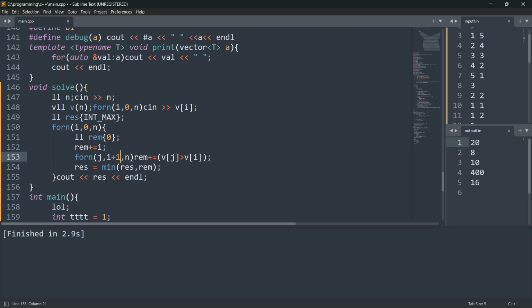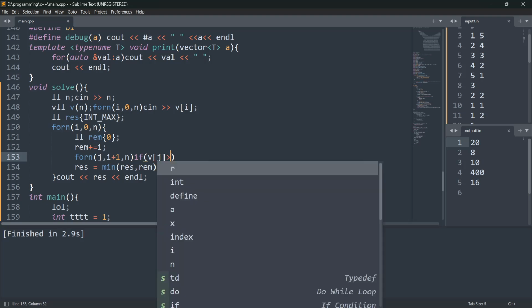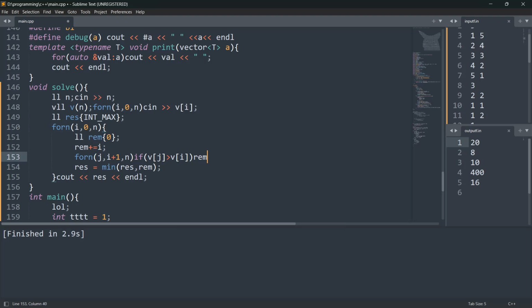So what I'm checking here is how many elements greater than my current element are there after it. So from i plus 1 to n, how many elements are there after it? Think of it something like this: if v of j is greater than v of i, then I do rem plus plus, right?